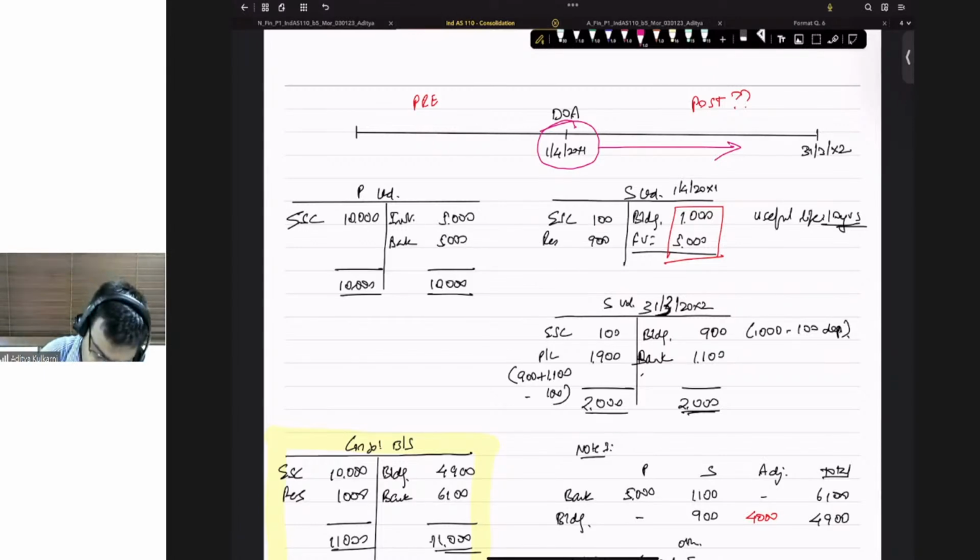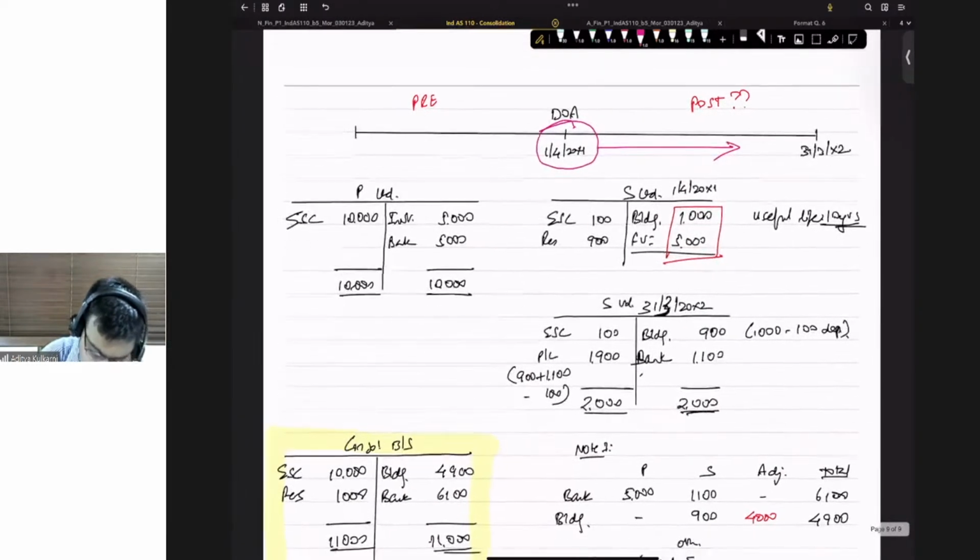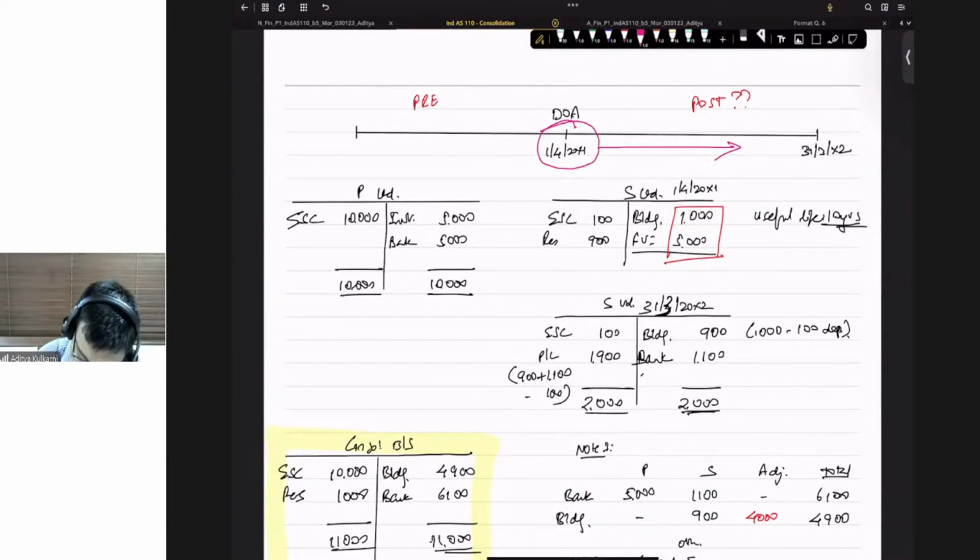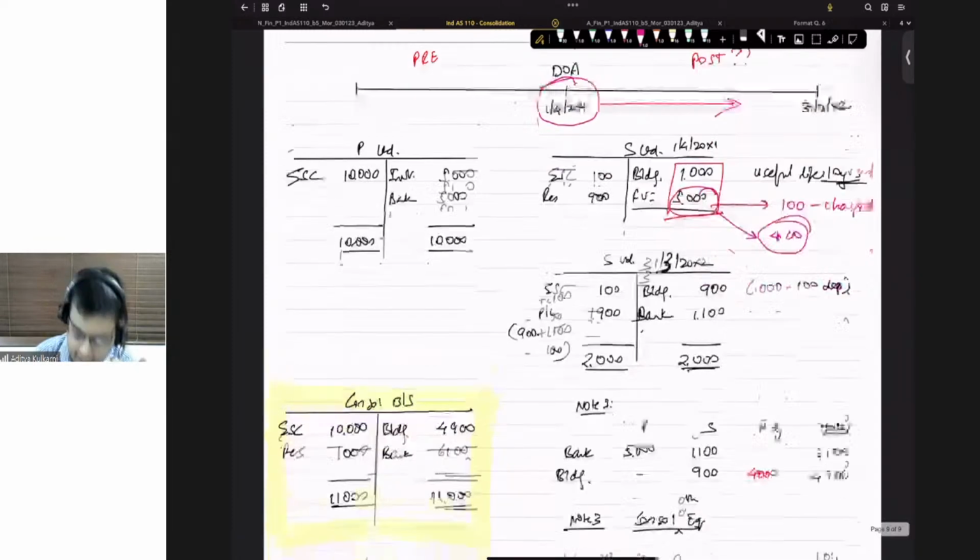देखो, the total value of the building is 5,000. On 5,000, the depreciation is 500. अरे, but out of 500, 100 is already charged. आप इसको दोबारा charge नहीं करोगे. You will not charge this again. What you are going to charge is only this additional 400. ये 100 तो charge हो चुका है.